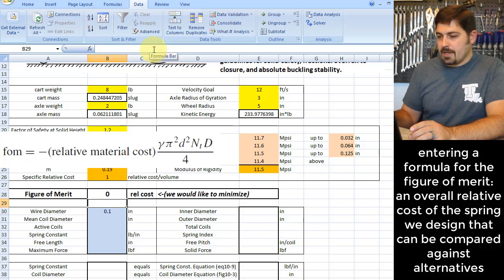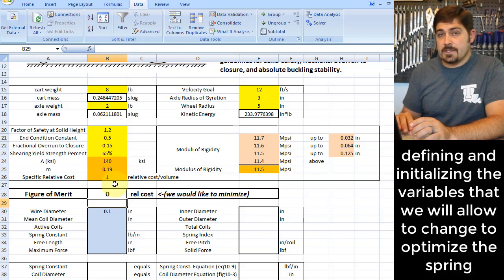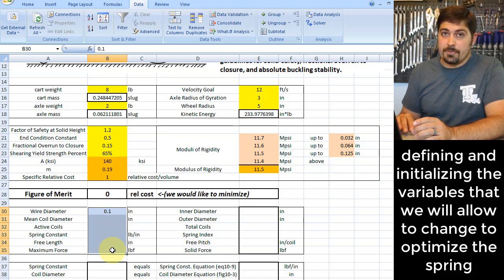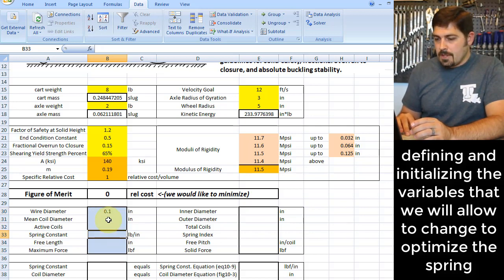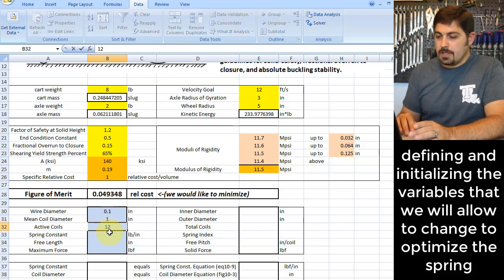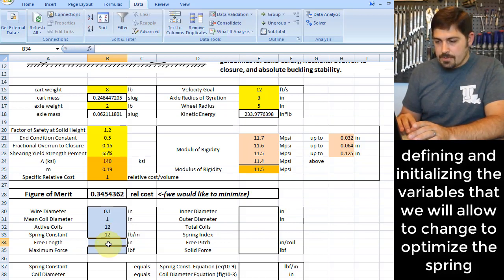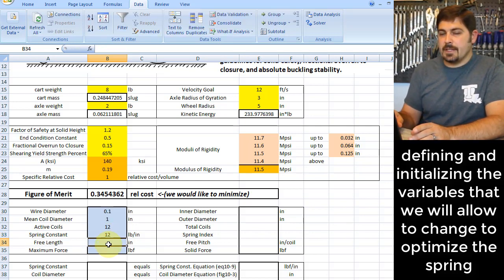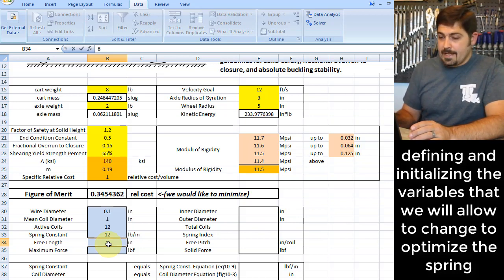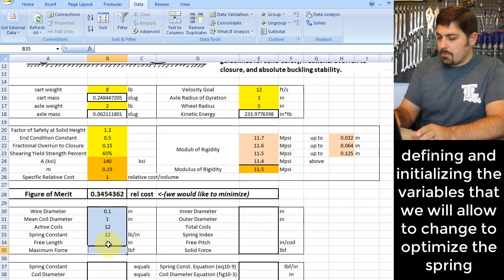Now it's probably not going to like it just yet because I haven't loaded my initial guesses for all of these values into the cells that are going to be solved for with this spreadsheet. So let me do that. I'm going to put in a 1-inch mean coil diameter here. I'm just putting in some numbers that I feel might be close. There's not a big science to picking these, it's just kind of guessing. We'll put in a free length of 8 inches and a maximum force of 80 pounds.